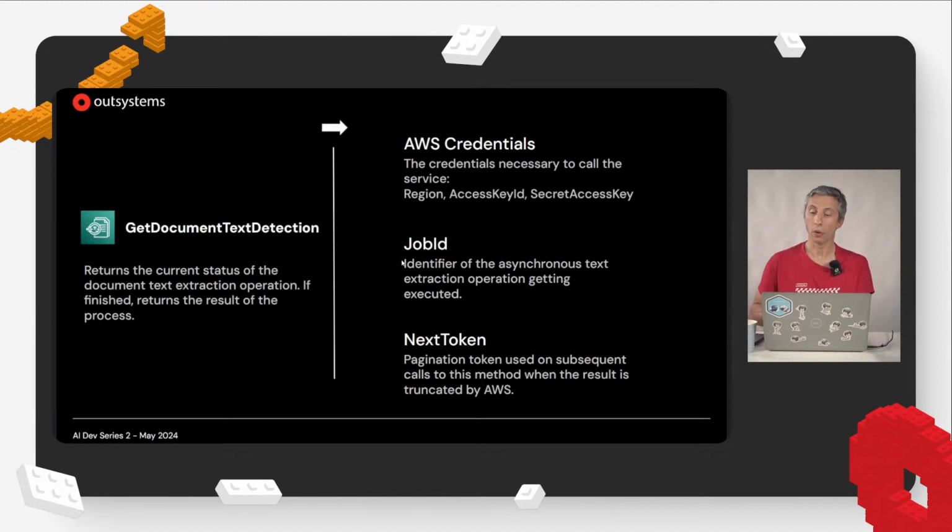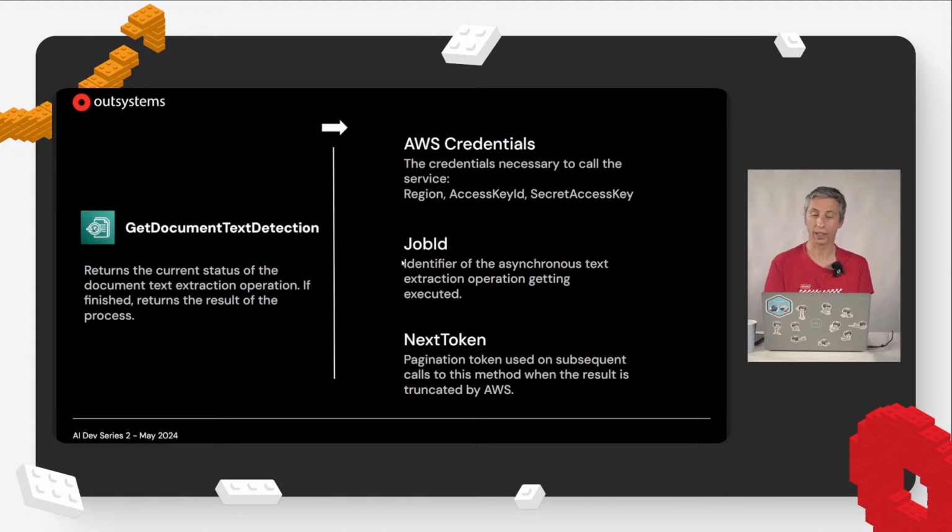Okay. Now going to the interesting part of the result, that is the blocks. The blocks actually consist of an array of block objects that brings a lot of information, and the most important information is this one. The block type: you send an image, and the service will look for parts of the image where we have text, and extract the text from there.